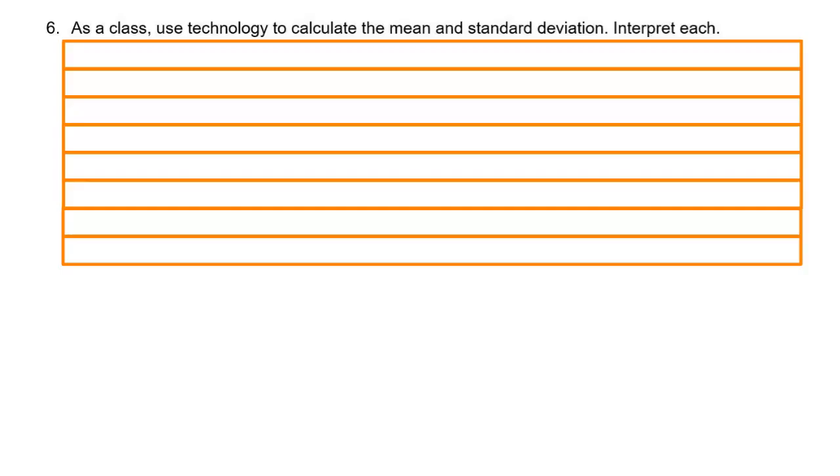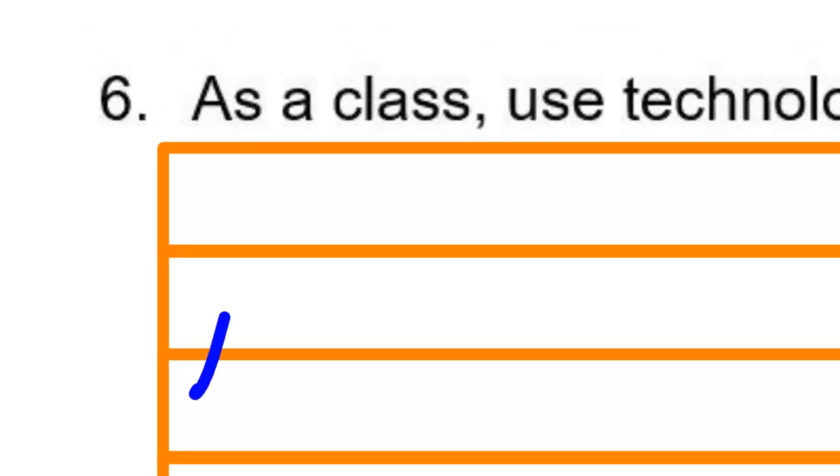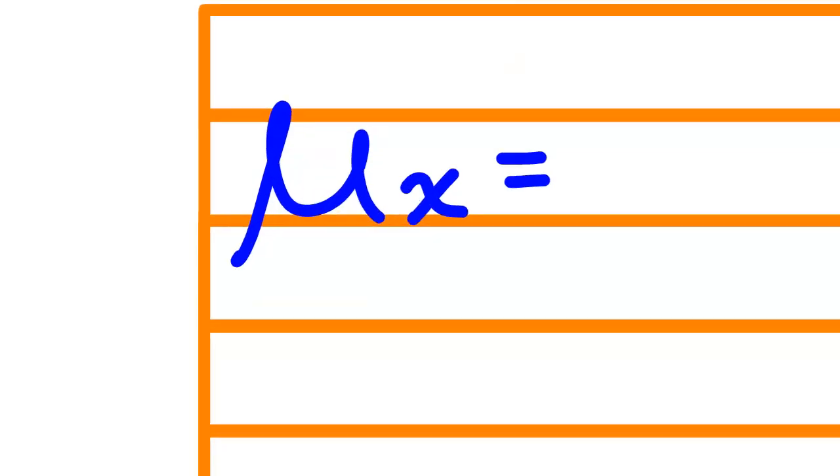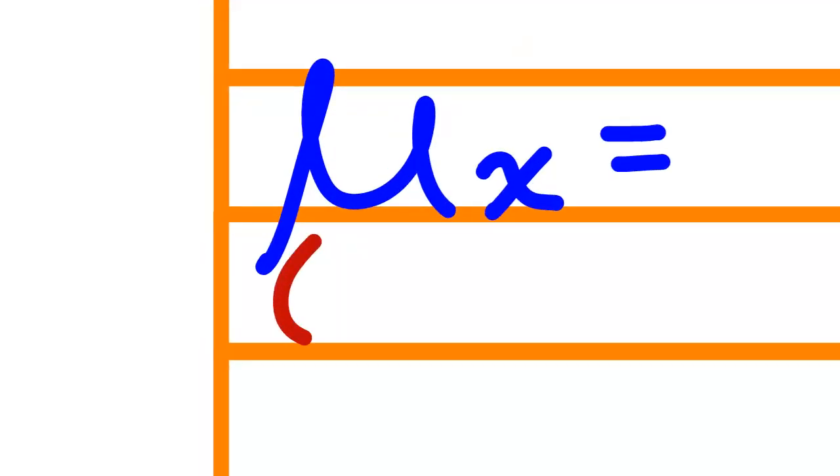All right, so back over. The mean, mu of x. This is the expected value or the average.